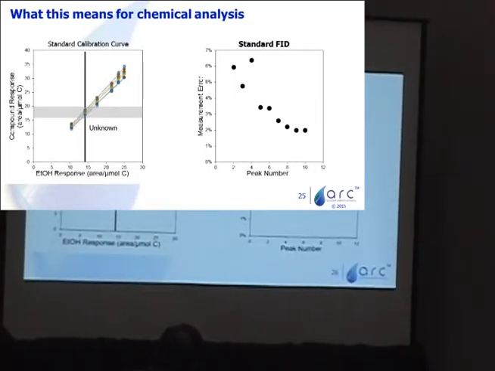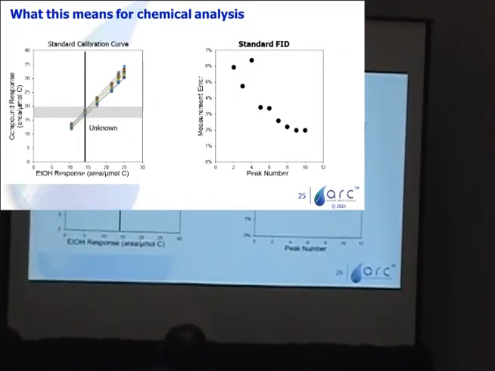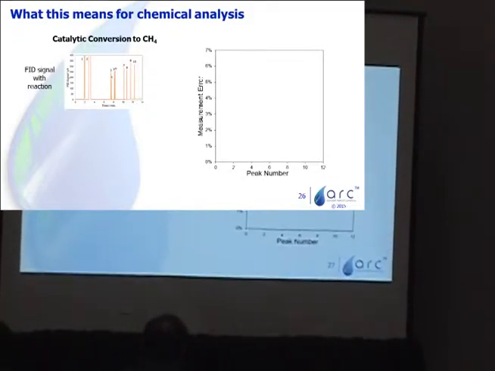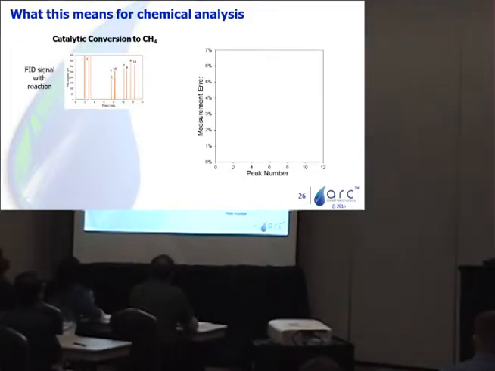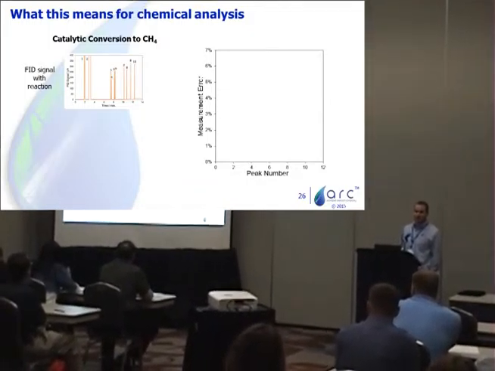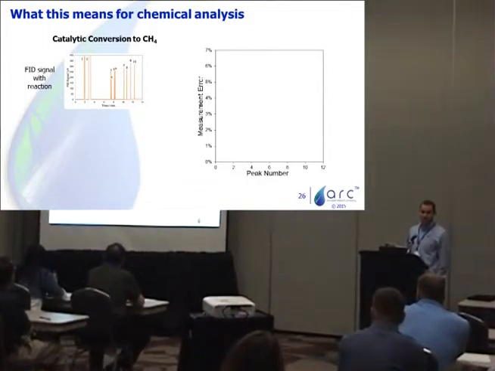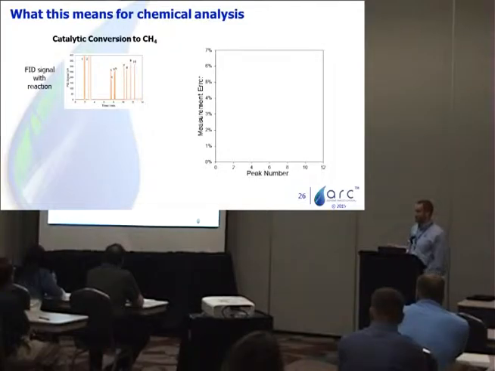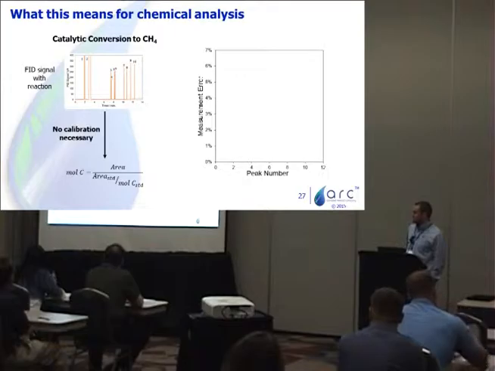So let's contrast this now with using a reactor that converts everything into methane and not doing any calibration at all. So we're going to take the same unknown sample and we're going to run it in our reactor, converting it all to methane before going to the FID, but of course after the separation. And we're going to use this formula, which is just the response factor formula, but with response factors of 1, because again, the response per carbon is just 1.